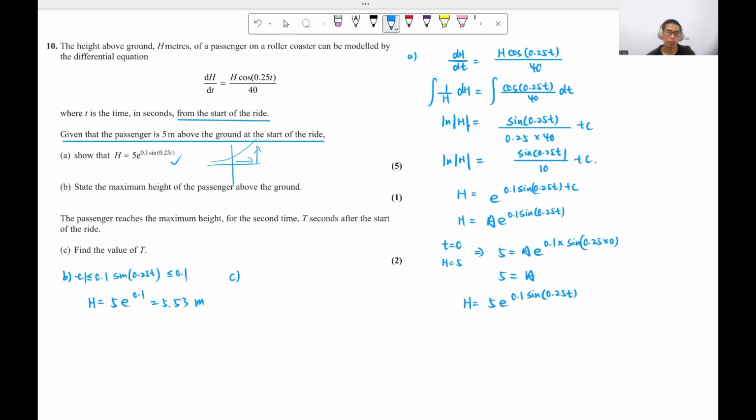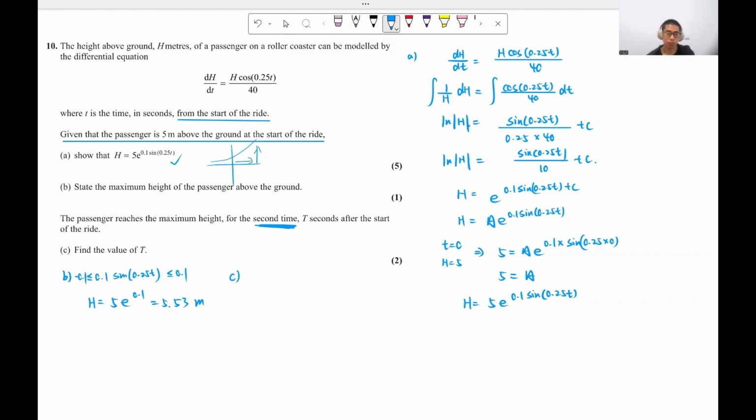And then for part C, the passenger reaches the maximum height for the second time, t seconds after the start of the ride. Find the value of t. So we let the power be 0.1 to get the maximum.